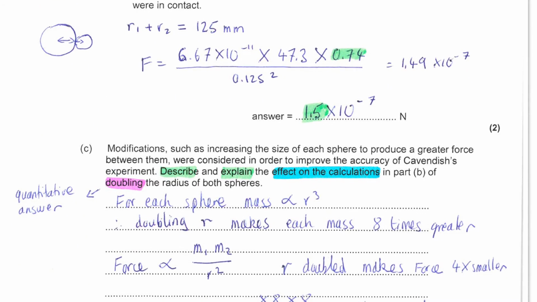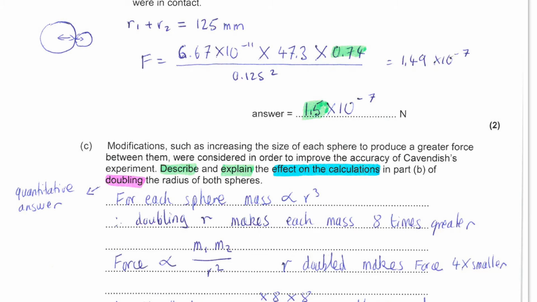So next you have to calculate the gravitational force between the 2 spheres when their surfaces are in contact. So this diagram would represent that, and you can see that the separation of their centres is now just the sum of the radii.